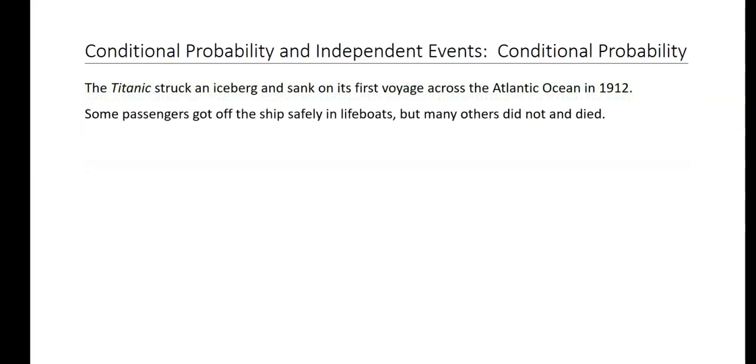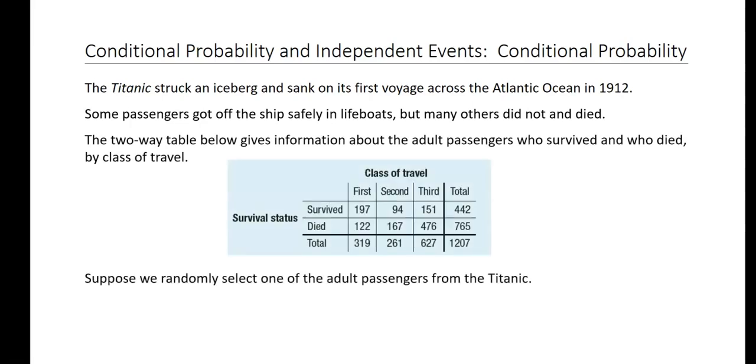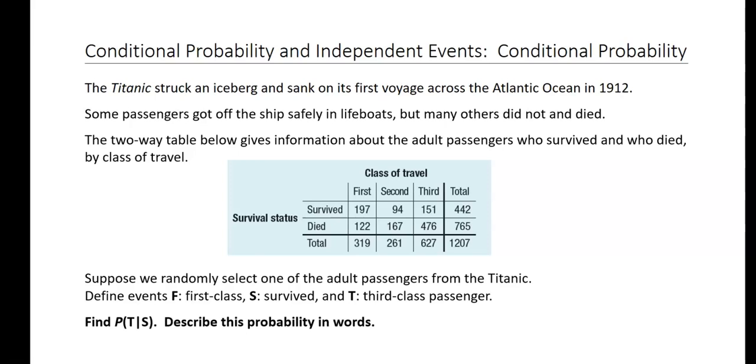So the Titanic, this is all the data from that. I think we might have talked about this one before. Suppose we randomly select one adult passenger, find the probability that the passenger is third class given that they survived. So we're only looking at the survival folks here.